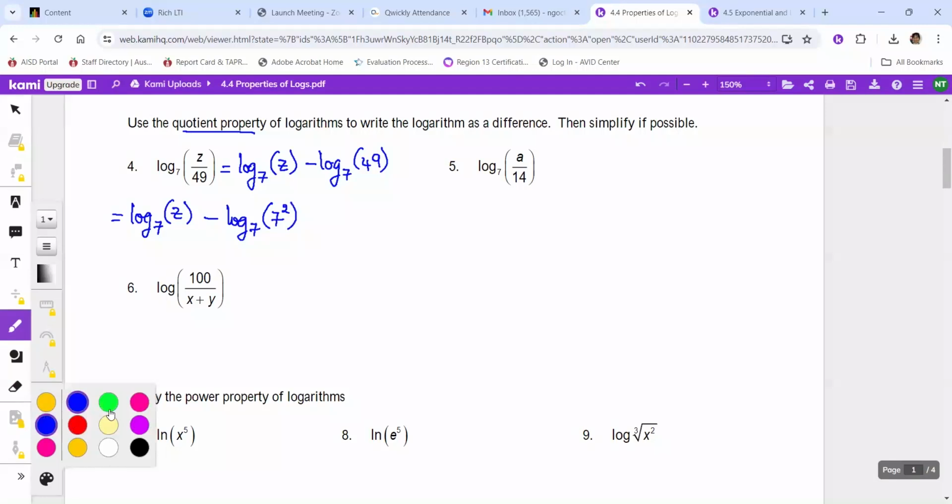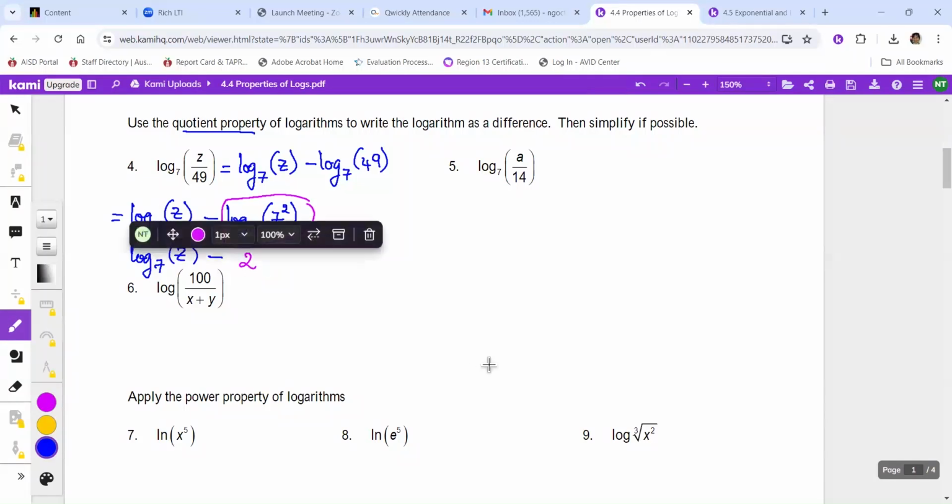So we have log base 7 of 7 to the power 2. Look at the note from last meeting: log base b of b to the n gives n. So here that will give a 2. And then we copy the rest: log base 7 of z minus 2.